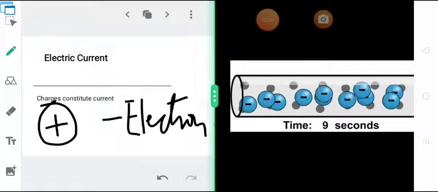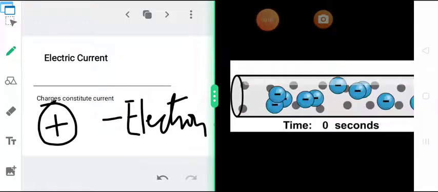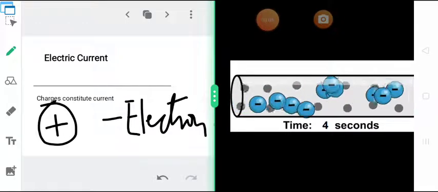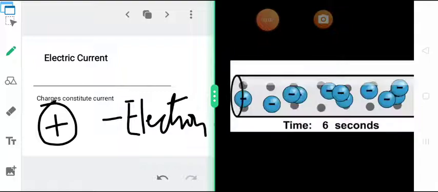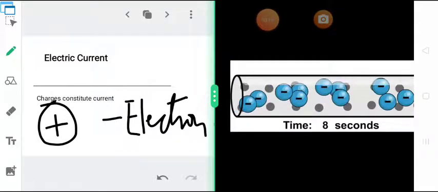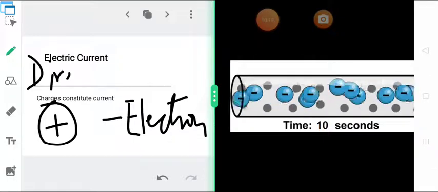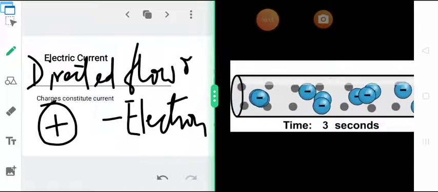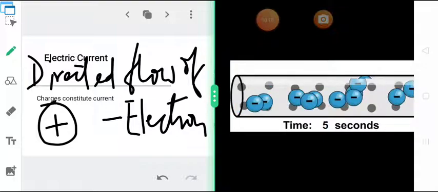So, obviously, there has to be some external agency that can possibly do this task. How this is achieved, we will be discussing a bit later, but for the time being, we can understand that directed flow of charges constitute current.